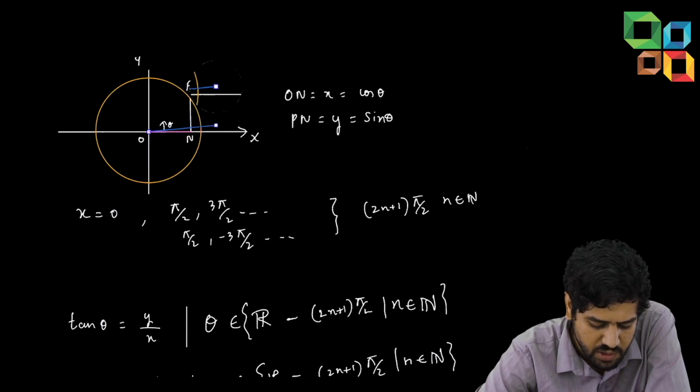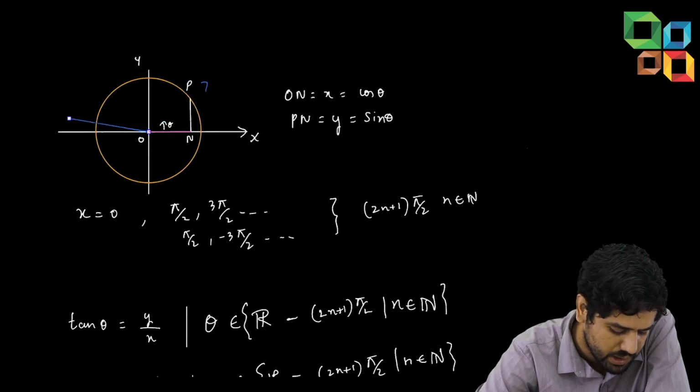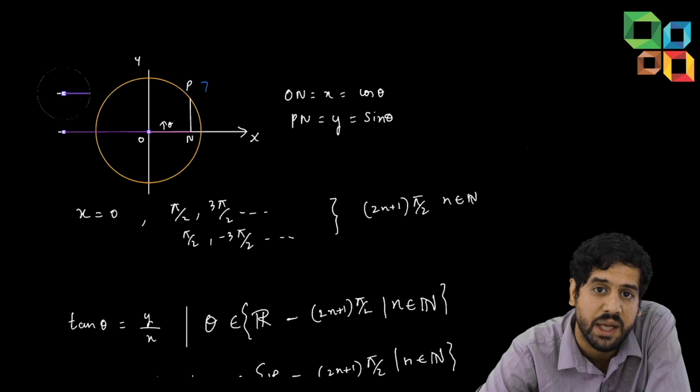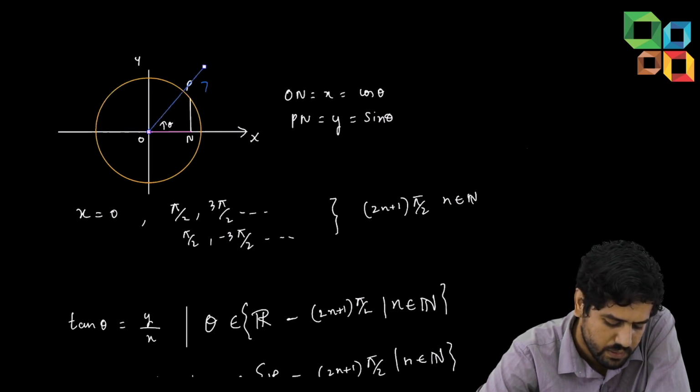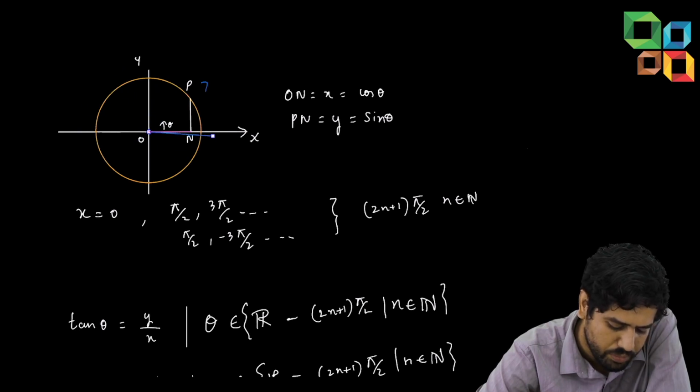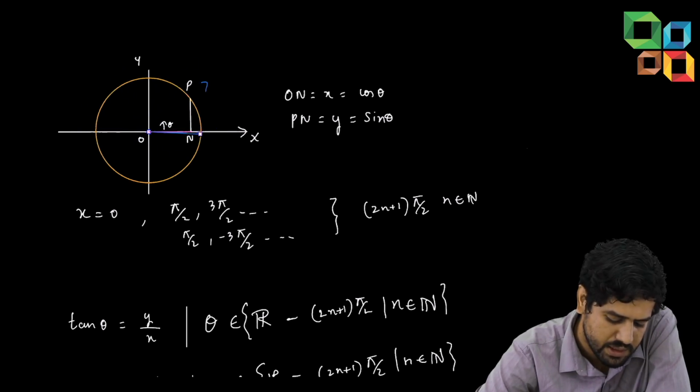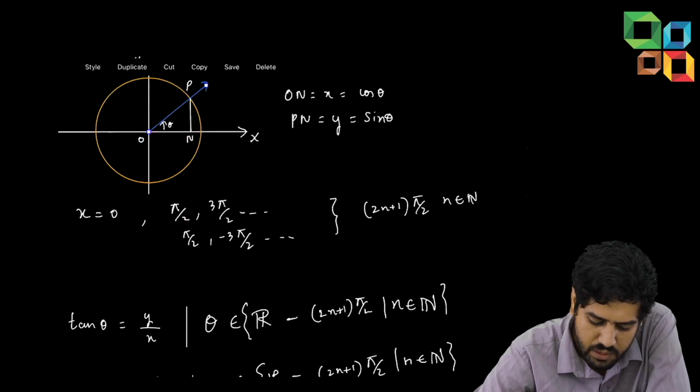The y coordinate is 0 when it will be here, where the x coordinate is 1 and the y coordinate is 0. And similarly here, x coordinate is -1 and y coordinate is 0, right? So either 0 or pi or 2 pi and 3 pi. Similarly, in the negative direction, 0, -pi, -2 pi, and so on, right?